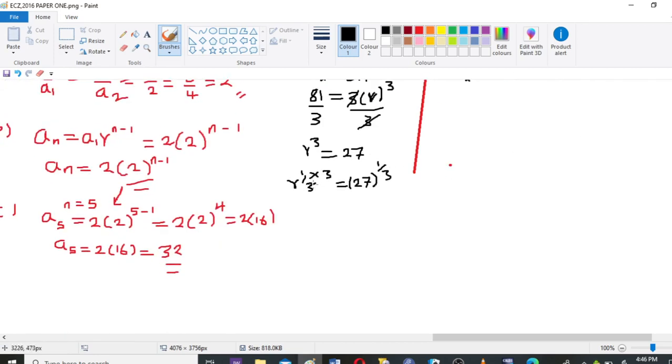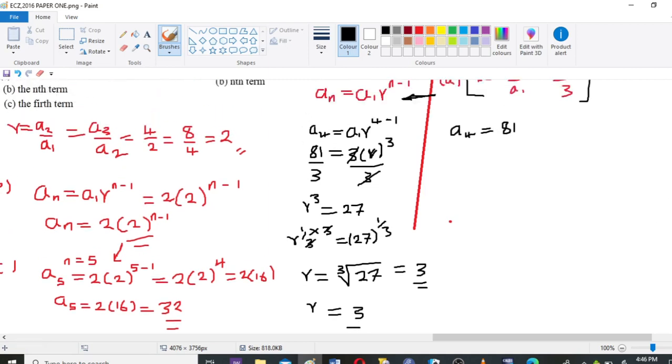We know that this one and this one will be cancelled using the cancellation rule. So r will simply be 27 raised to the power 1 over 3, which can be written as finding the cube root of 27. Now the cube root of 27 is nothing but 3. So our r, the common ratio for this GP, is nothing but 3.